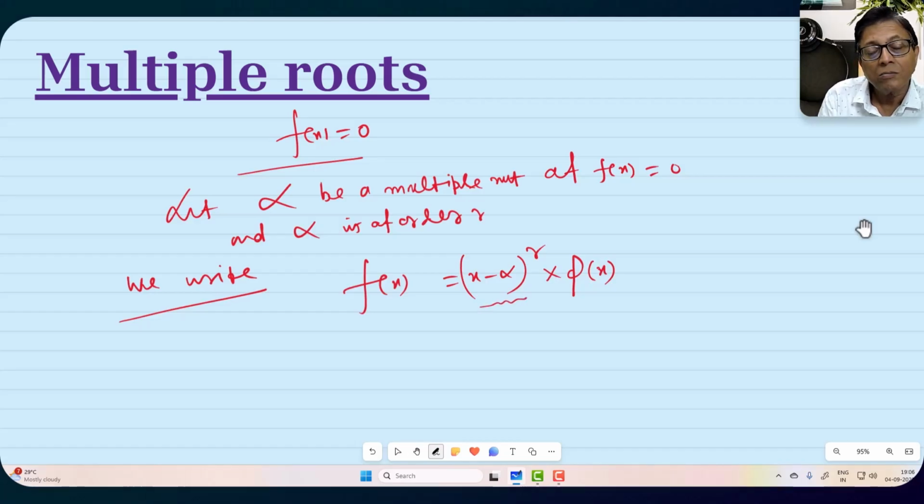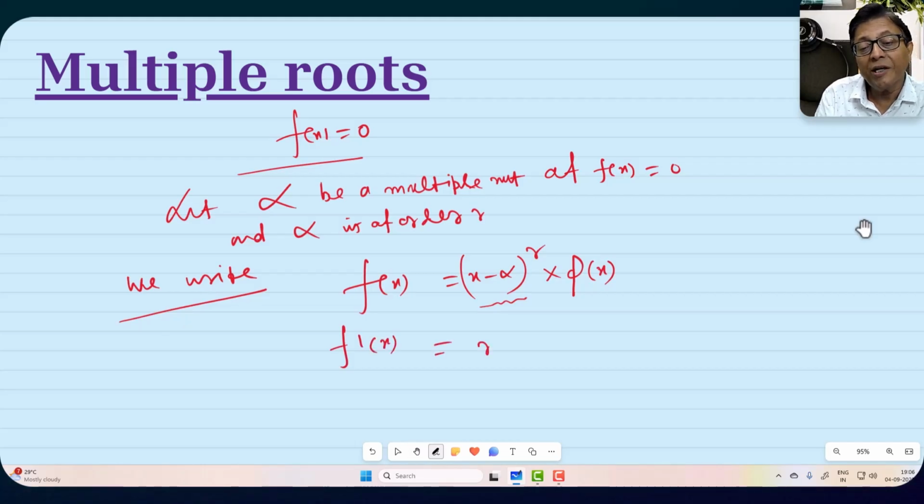Okay. Otherwise that phi(x) may be 1, and the only root is alpha. Maybe, but may not be. That's why we take it like this. So alpha is occurring r times. What about f dash x? Differentiate.